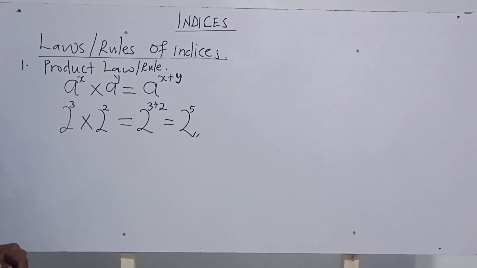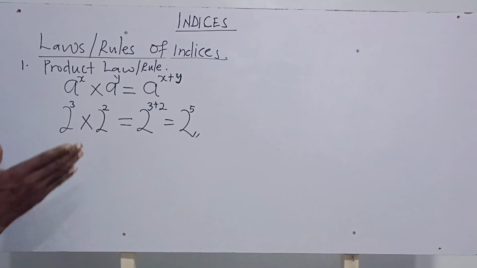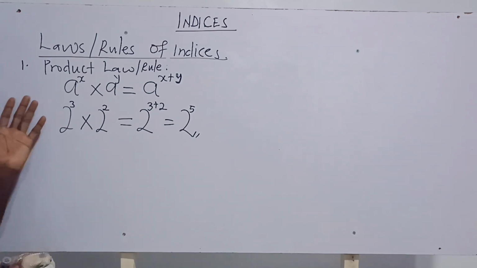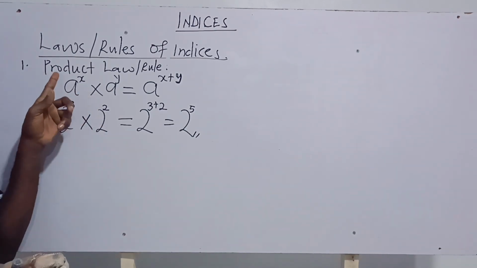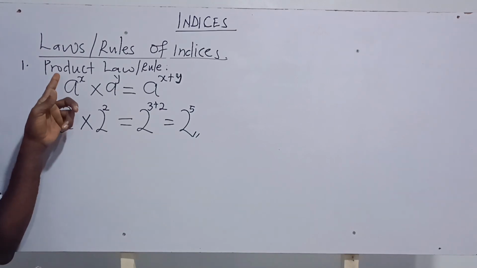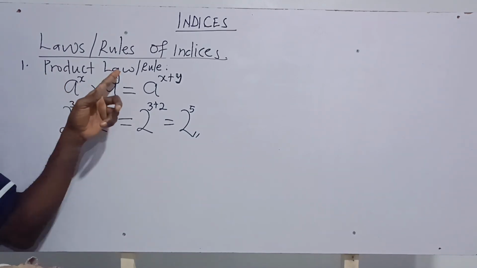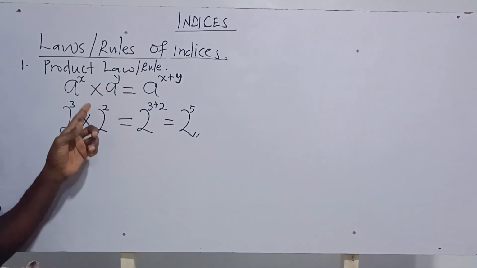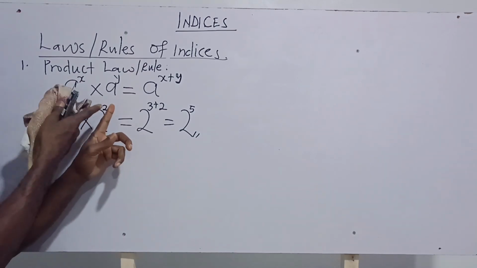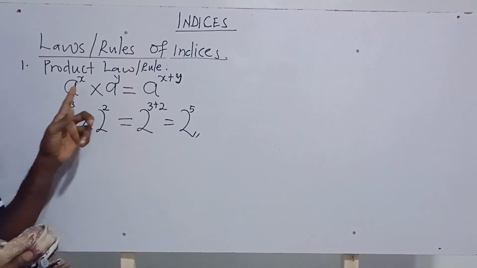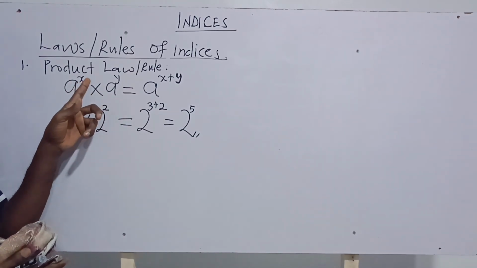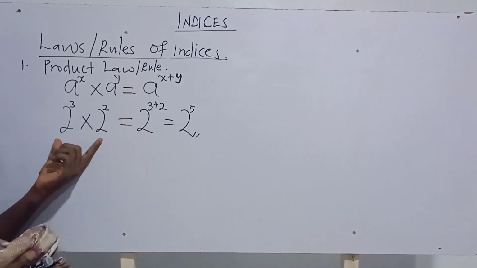It is as simple as that. So this is the first law. Multiplication also means product, so you can say multiplication law or product law. When the bases are equal, you pick the base, then add the indices.